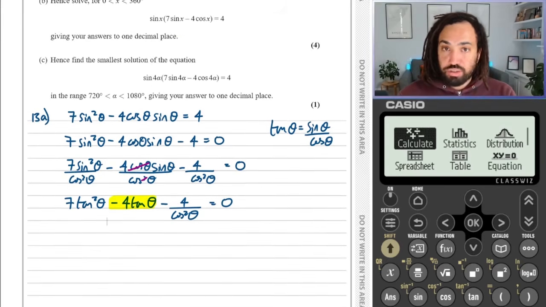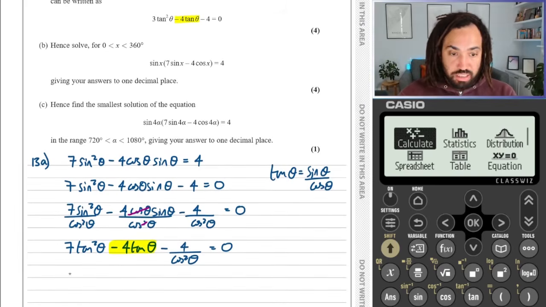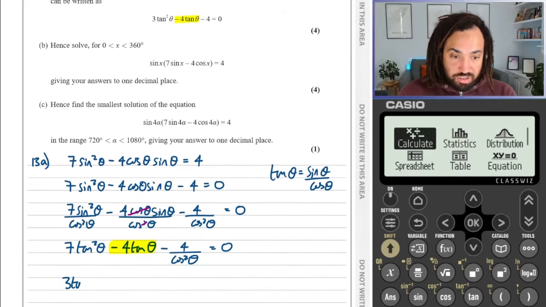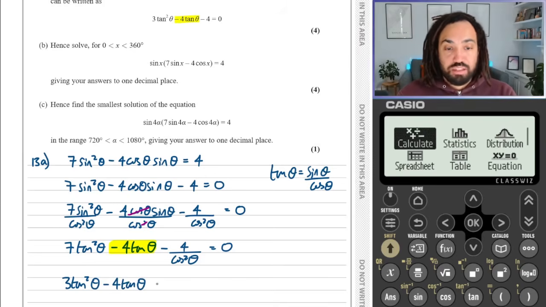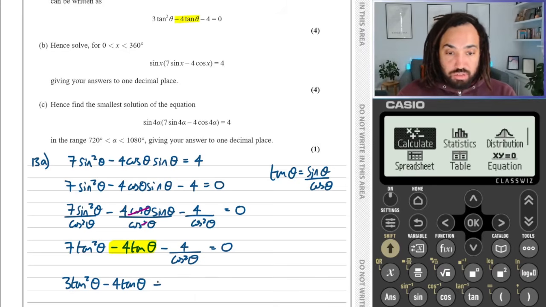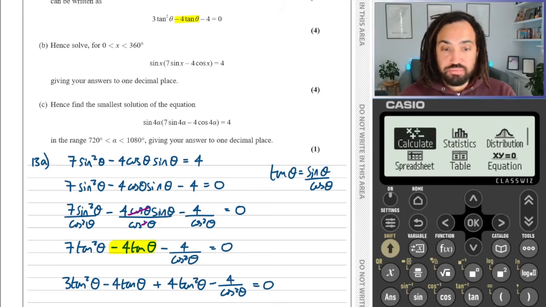So what we can do is write this as 3 tan squared, which is the 3 tan squared that we want, and we like having this 4 tan theta here as well, but we're going to have an extra 4 tan squared, and we've got this horrible minus 4 over cos squared, like that.